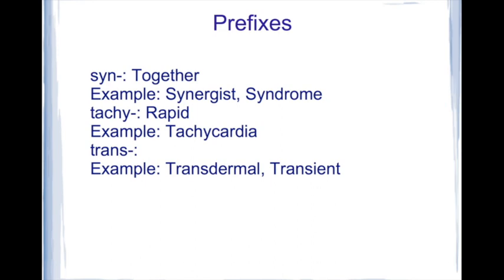Transdermal medication is a patch or cream that you put on the skin that works its way through the skin into the blood. You can have transdermal patches that slowly release pain medication. So trans, you get it.